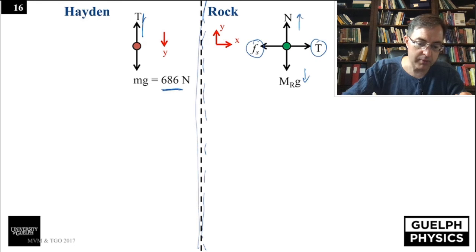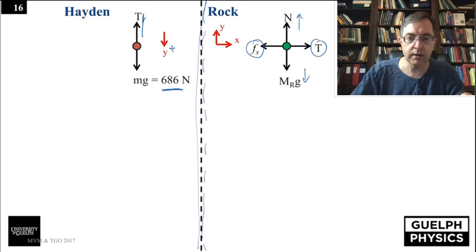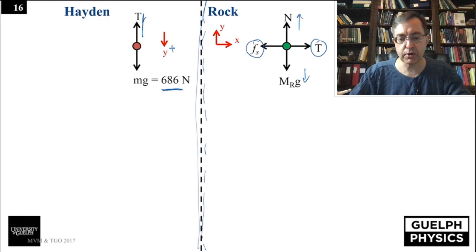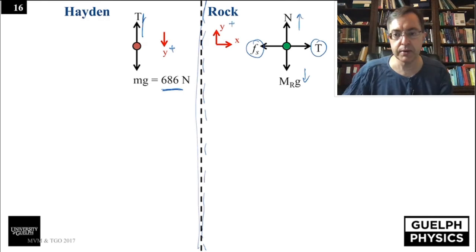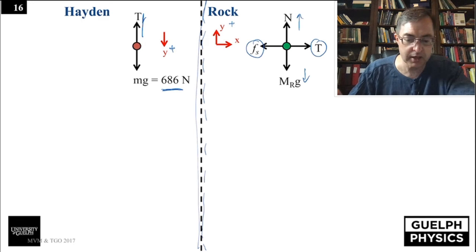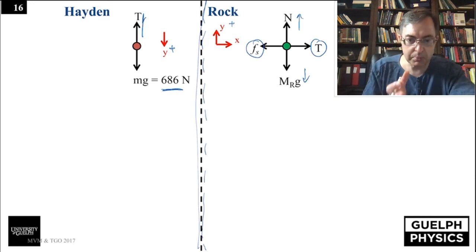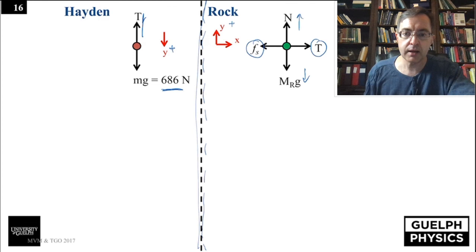Here I'll define down for Hayden to be positive, but it's okay if for the rock I define up to be positive, because they're two separate problems.